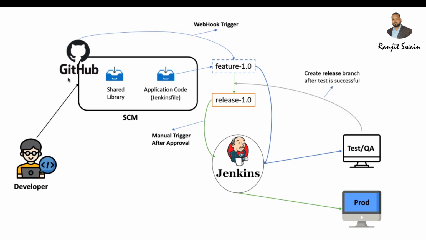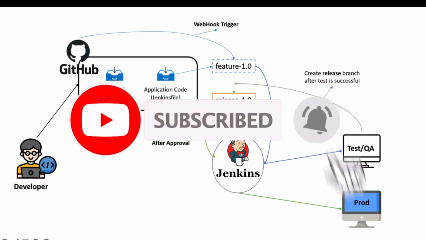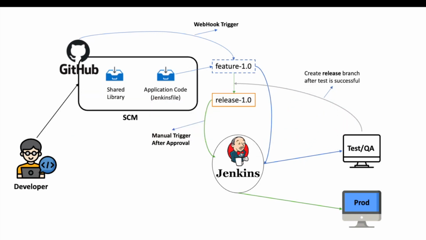Okay, and apart from that, we have a shared library repository also. In this shared library repository, we'll have all the necessary code which will be used to run the pipeline, right? All the Groovy methods, we are going to keep in the shared library, which can be reused, right?